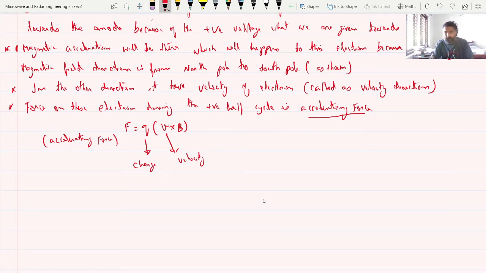So the force on the electron charge during the positive half cycle is an accelerating force.